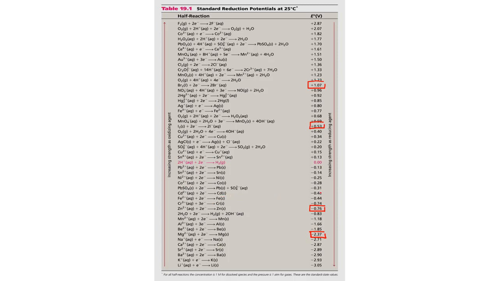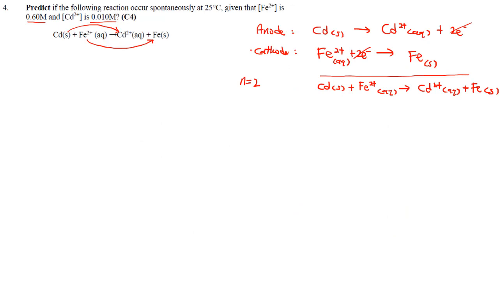The value is negative 0.40. For cadmium it is negative 0.40, and for iron it is negative 0.44 volt. Okay, and then our n value is 2.